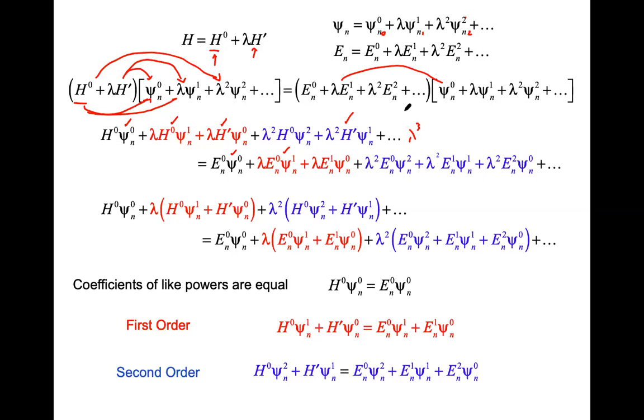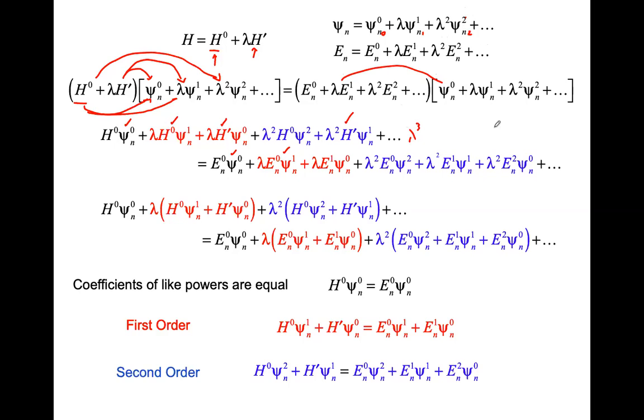And then again, I was looking for all the lambda squared things. Lambda is a power series where the coefficients are either my wave functions or my energy eigenvalues. But in a second, I'm going to make lambda equal to 1, so it's just not going to matter.